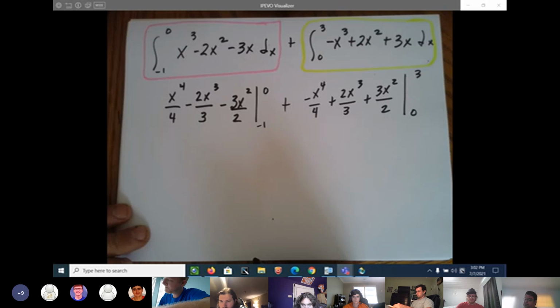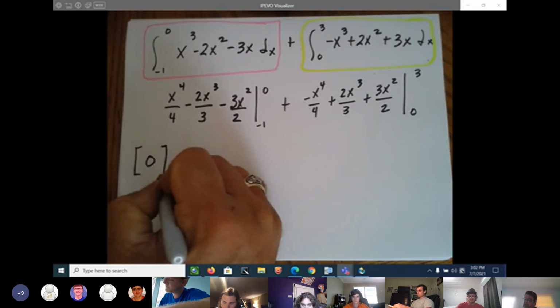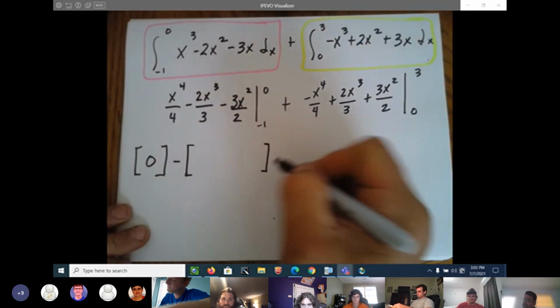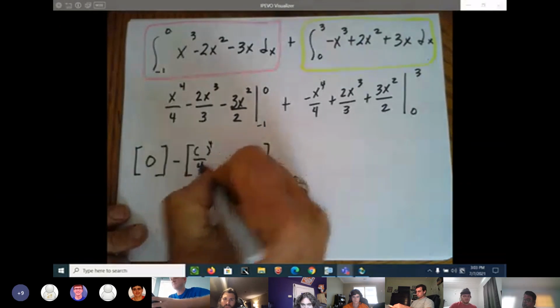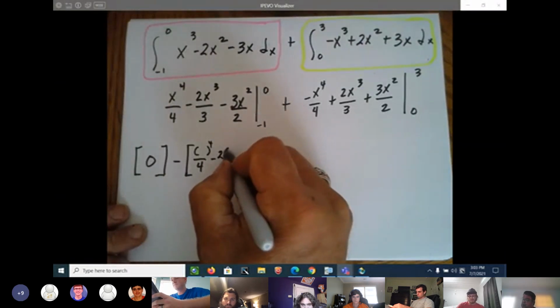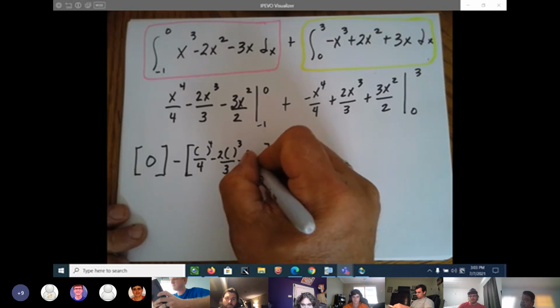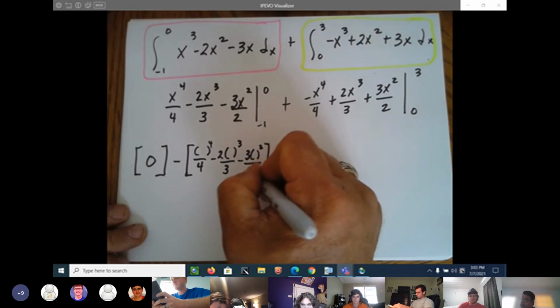So 0, because 0 is going to make everything go out, minus parentheses to the fourth over 4 minus 2 parentheses to the third over 3 minus 3 parentheses squared over 2.